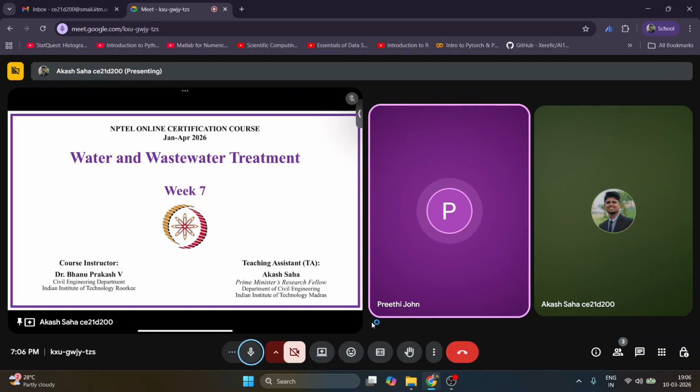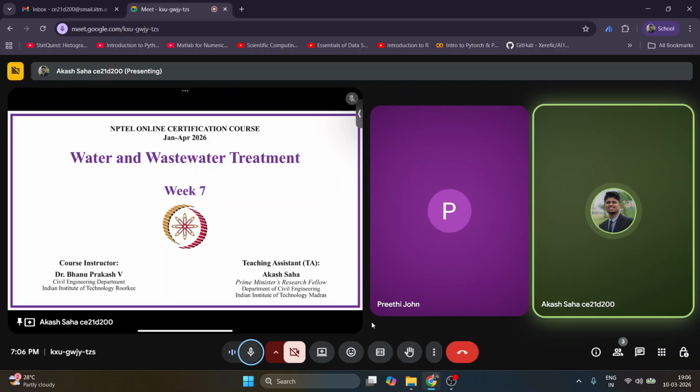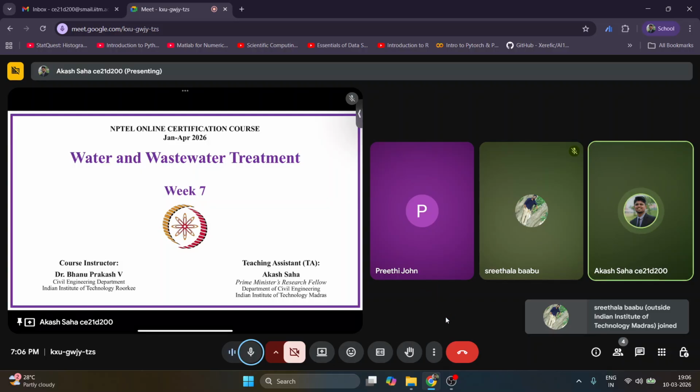Or you do it in the lab by titration. In the lab by titration we do the total hardness and the calcium hardness, and by subtracting we get the magnesium hardness. Ideally it should be the same.